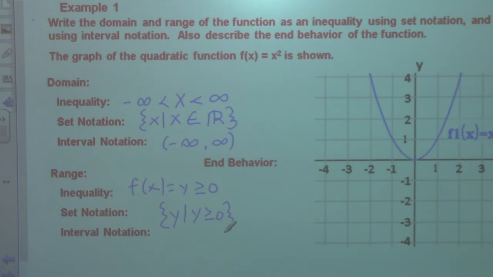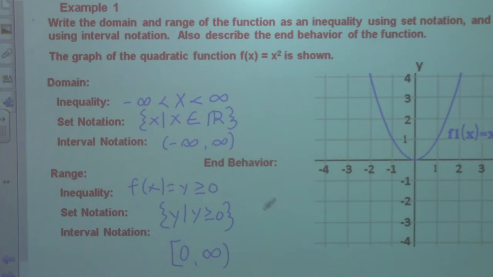And finally, for interval notation, what is that going to look like? Remember, it's brackets and parentheses. So bracket 0, comma, infinity with a parenthesis. Yep, that's it.